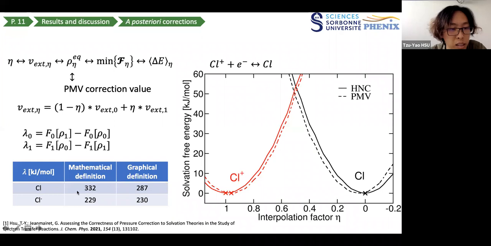Here is a set of lambda values calculated with the mathematical definition shown here. And if we calculate lambda directly on the free energy profile, we will obtain another set of values. But in principle, these two definitions are equivalent to each other. So again, we claim that it is inappropriate to apply a posteriori corrections in the construction of free energy profiles of electron transfer.